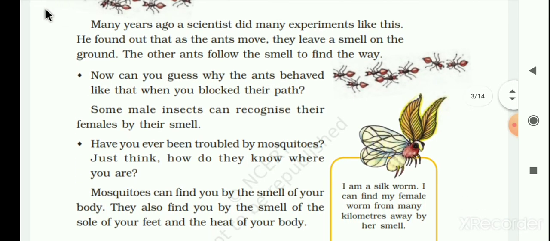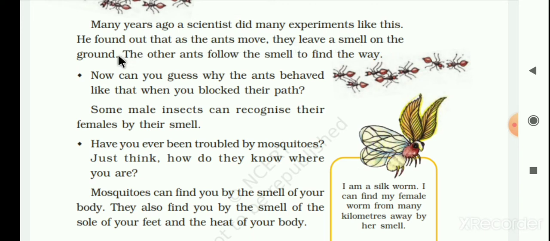Let's go further. Many years ago, a scientist did many experiments like this. Do you know? These experiments were done before also, right? He found out that as the ants move, they leave a smell on the ground.